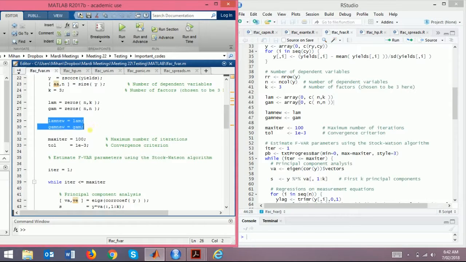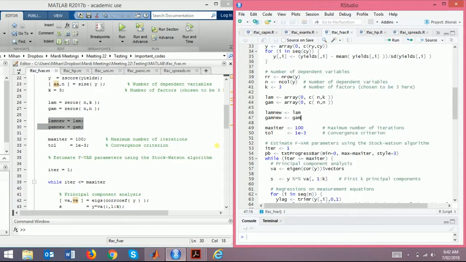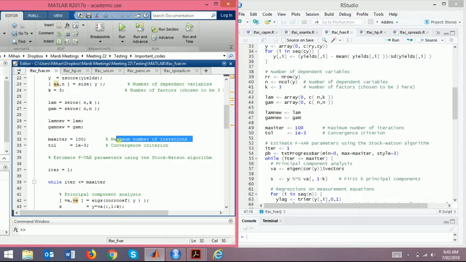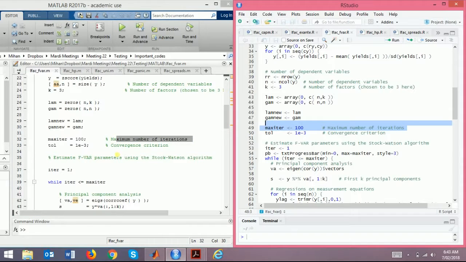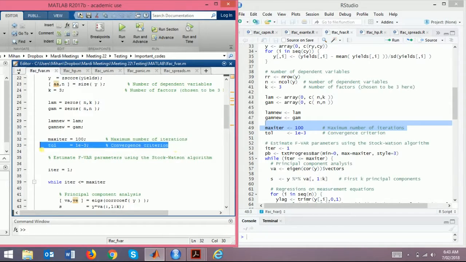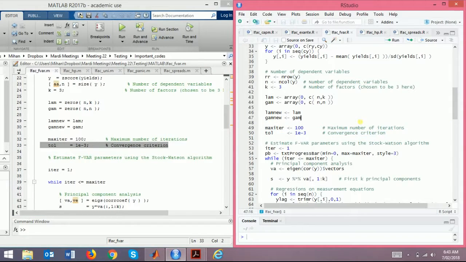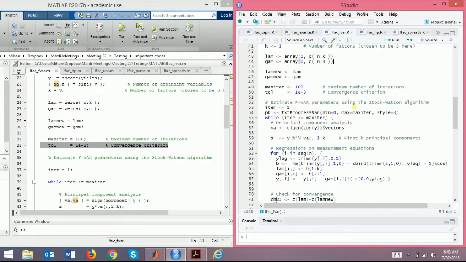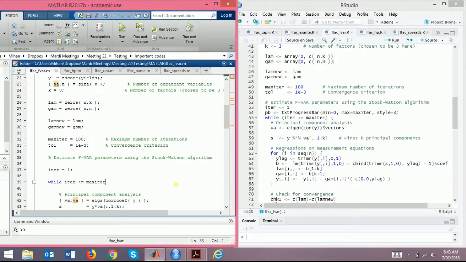So lambda new and gamma new, again we'll do this later. We want maximum 100 iterations to happen, and our default convergence criterion is 0.001 tolerance. So allow for a very good tolerance until the means actually converge. If you remember the diffuse prior theory, until the means completely converge. So that is beautiful, right?